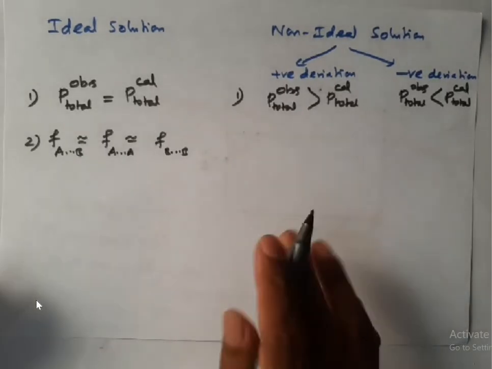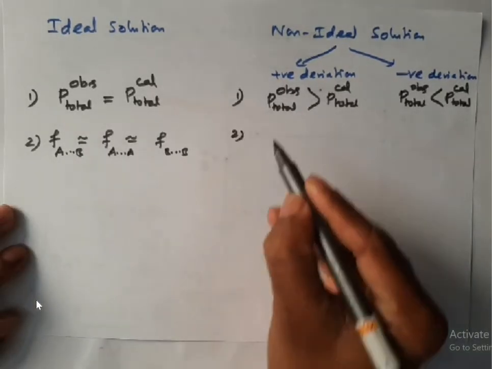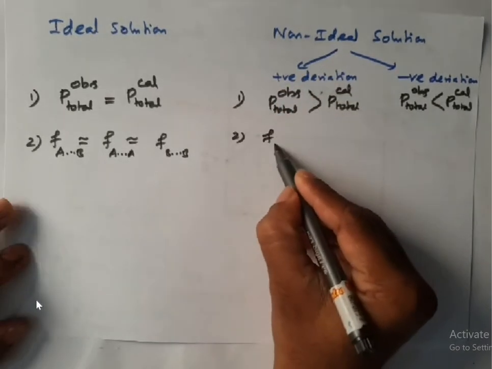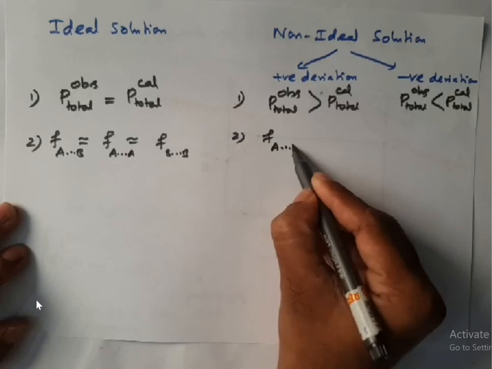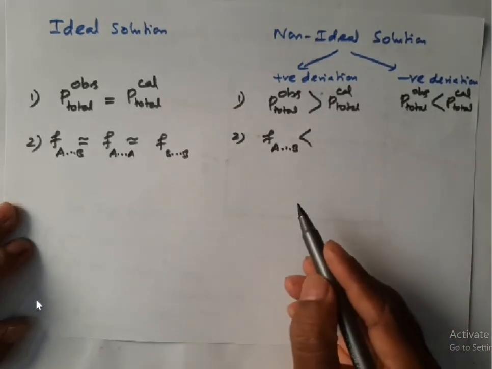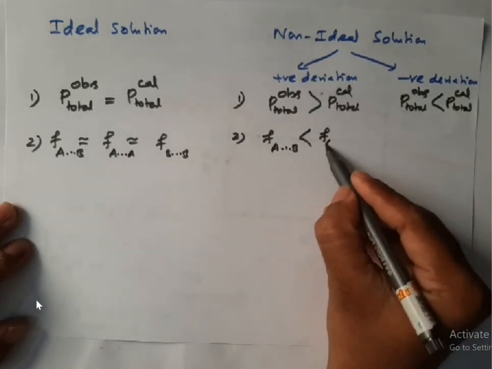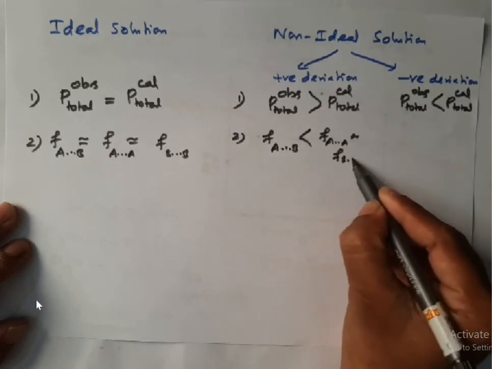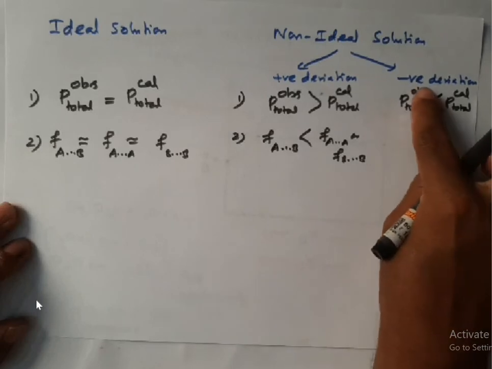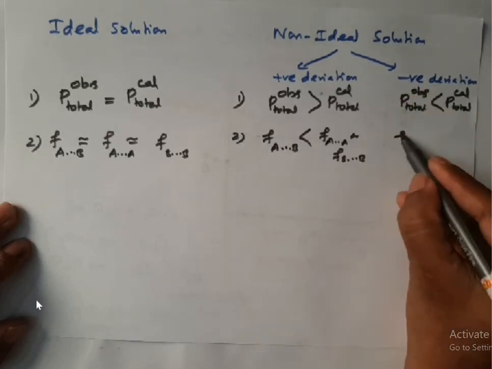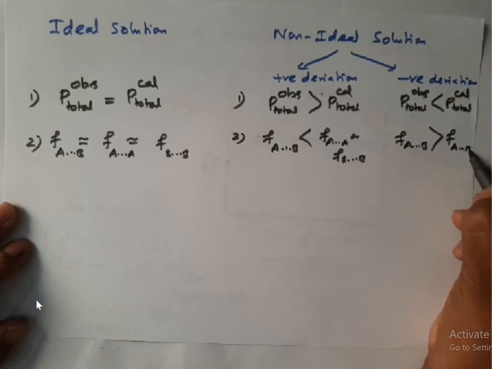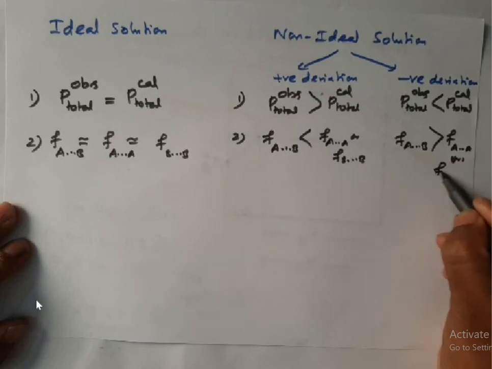Whereas for non-ideal solution showing positive deviation, force of attraction between AB is less compared to force of attraction between AA or between BB. Whereas for solution showing negative deviation, force of attraction between AB is strong compared to force of attraction between AA or BB.